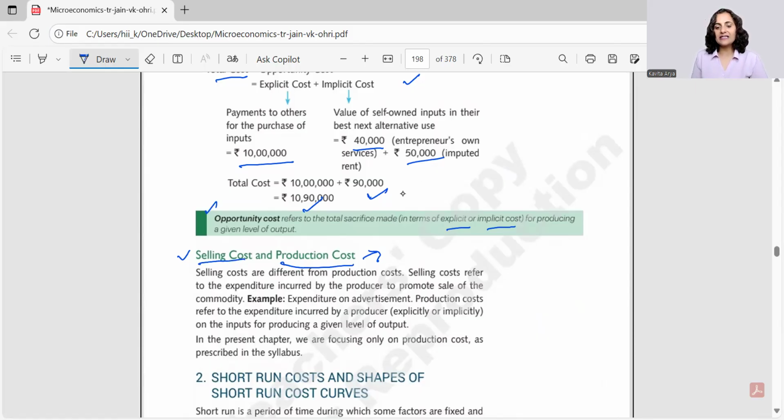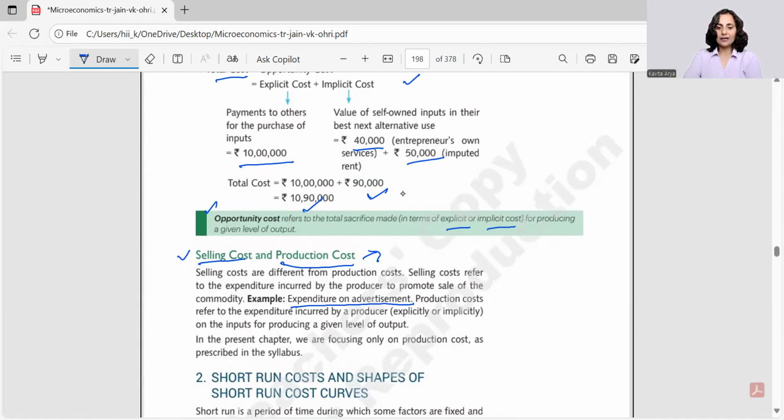And the best example is the expenditure on advertisement. But here in this chapter, we would be keeping our focus on production cost. Selling cost is just for the sake of clarity for you, that this simply is for promotion of sales, right?